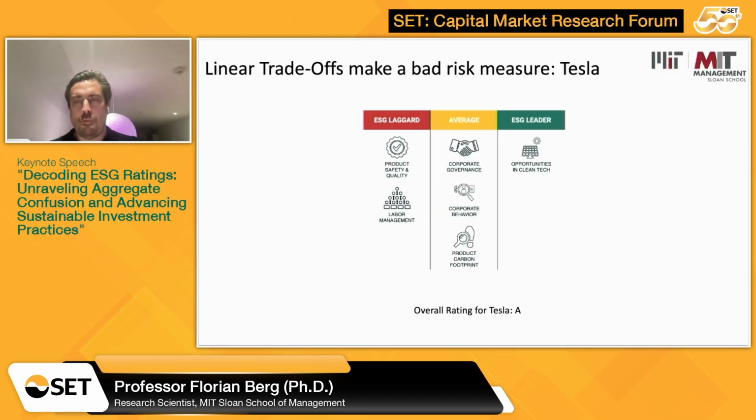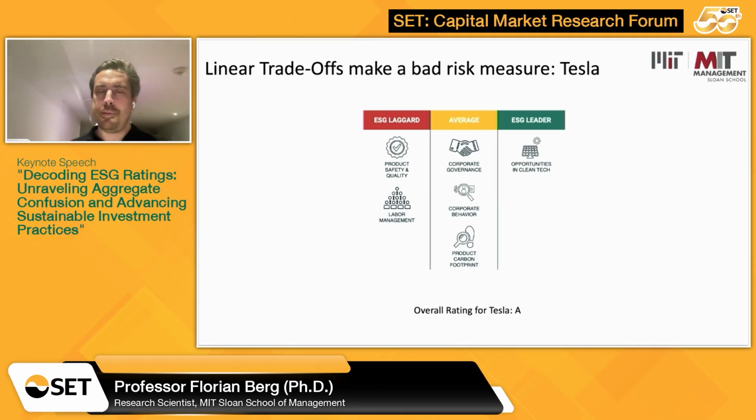And you see that for MSCI, it's a leader in opportunities in clean tech, and it's average in corporate governance and corporate behavior, and it's an ESG laggard in product safety and quality. There were a lot of recalls of the cars, and in labor management, and yet it has a good rating.